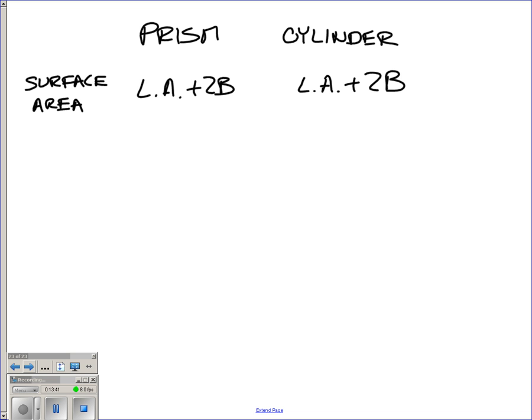But now the more specific form for the lateral area, instead of just saying the lateral area, and again you can find that any way that you want, but if you use a formula, there is one: take the perimeter of the base, again capital P, that's for the base, times the height of the prism, plus the area of whatever your bases are. Again, the base can be any shape, so we don't really know, right? But now for the cylinder, we do know a little bit more specific.